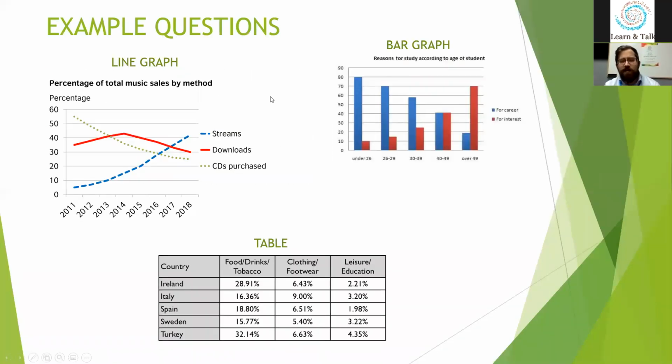So these are some of the graphs and tables and/or charts that you can expect to see in a task 1. You should be familiar with the different styles of graph that you can see. For example, here we have a line graph, we have a bar graph, and a table.